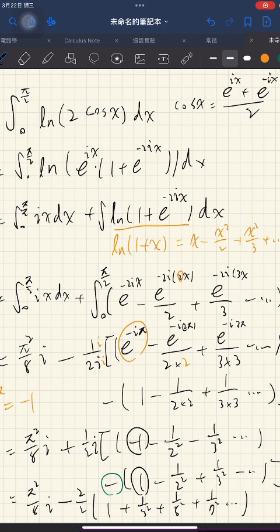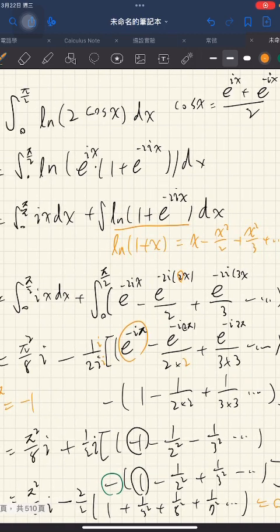Okay, and the most important thing here is that the function natural log of 2 cosine x is plottable on the xy plane, and the boundary is just a real number from 0 to pi over 2. So the imaginary part should not be there. So this should be 0.